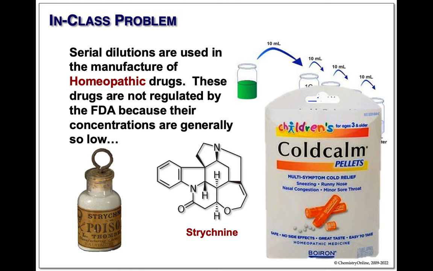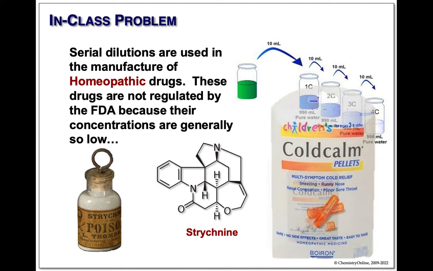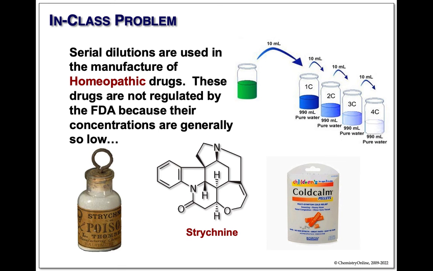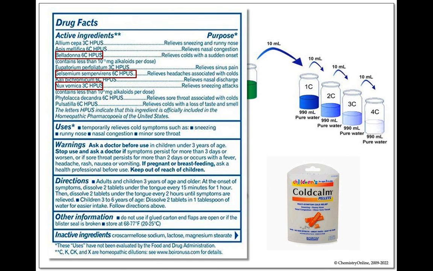Well, you can. If you look at the ingredients here, these are belladonna alkaloids. This is a 6C dilution, less than 10 to the minus, I think it's 15 milligrams per tablet.